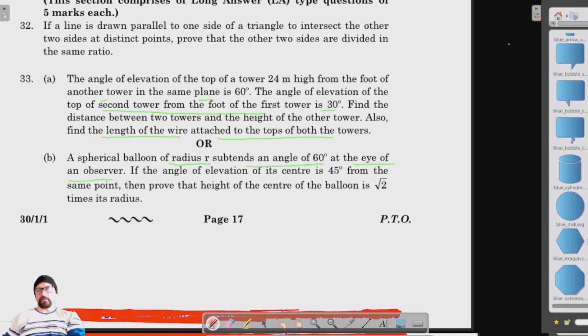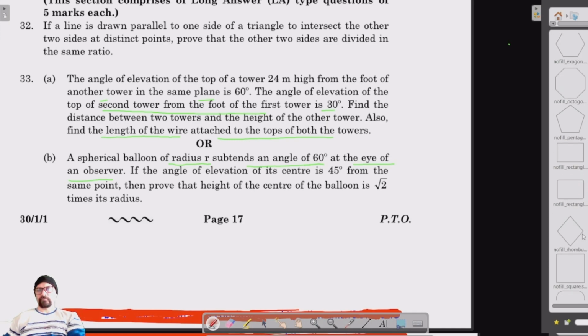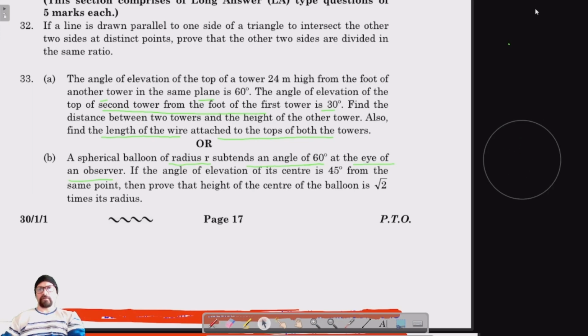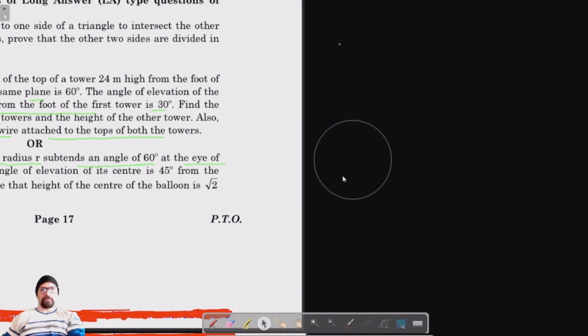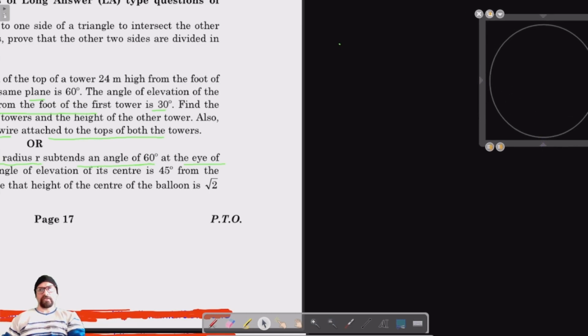And let's get our spherical balloon first. Okay, let's say this is the spherical balloon, and so this spherical balloon is going to subtend an angle of 60 degree at the eye of the observer.